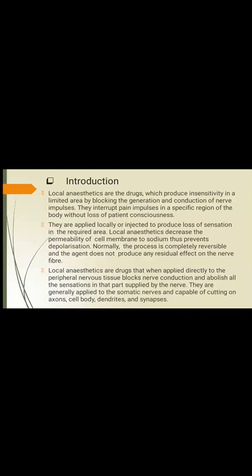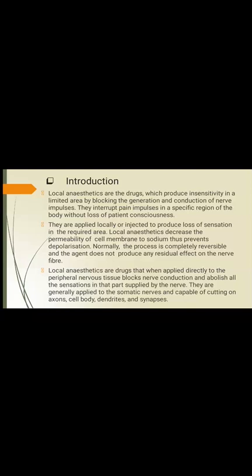Generally, local anesthetics are used to block the pain sensation, so the pain message is not delivered to the brain, via blocking the generation of nerve impulse conduction. They are applied locally or injected to produce loss of sensation in the required area.